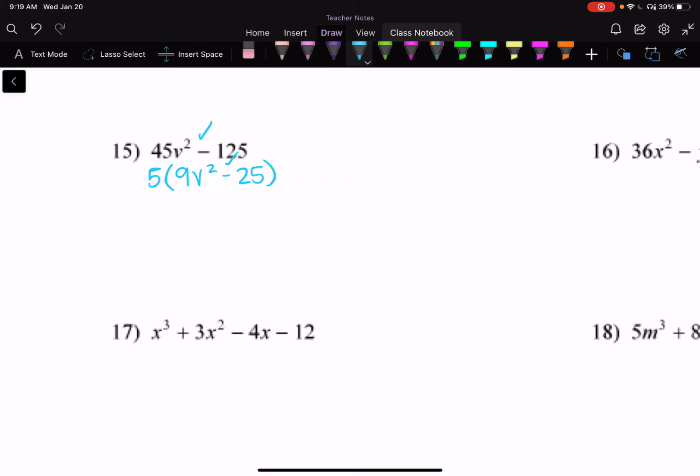Still have a minus in the middle, and I know that 9v squared breaks up into 3v, and 25 breaks down to 5 squared. So when I put it into the dots form, I have 5 times 3v minus 5 and 3v plus 5.